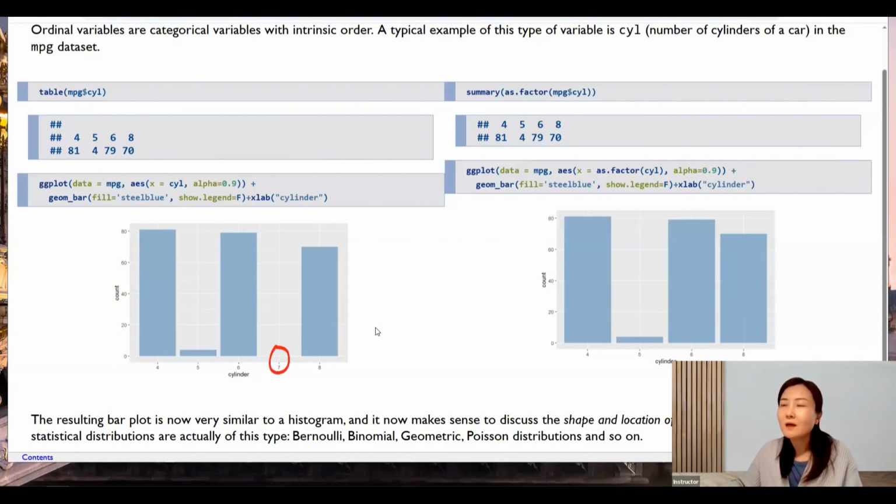That is because it considers cylinder as a numerical variable. It's just that no observations are observed in this interval, but it is still a valid value. However, we know that this is not a valid value at all. Cylinder can never be equal to 7 in the data set.